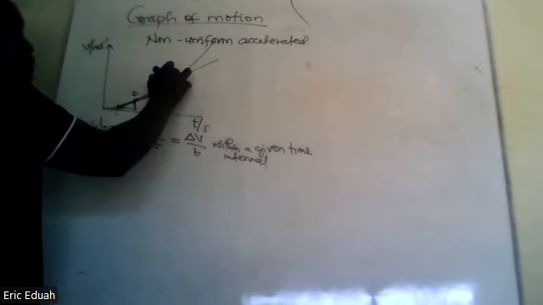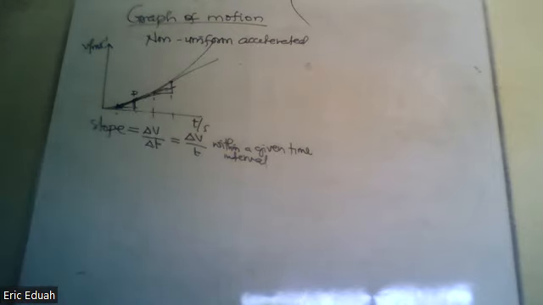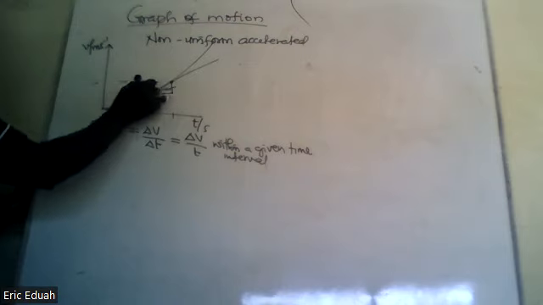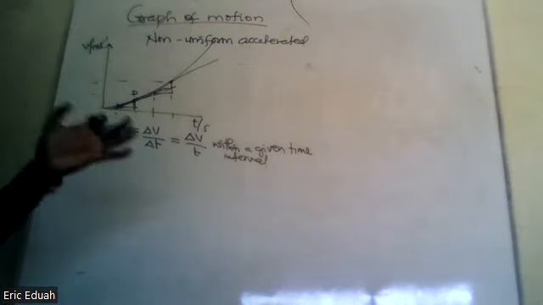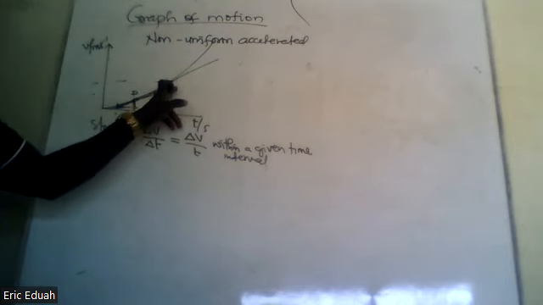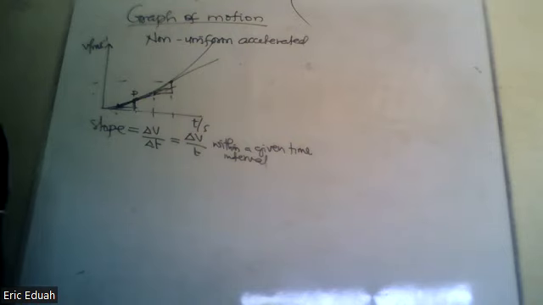But if there's a point P, it has to do with within a certain period, then I find the slope within that period. So the velocity here and the velocity within that time will give me a change for delta V and delta T. That's how it must be, right?